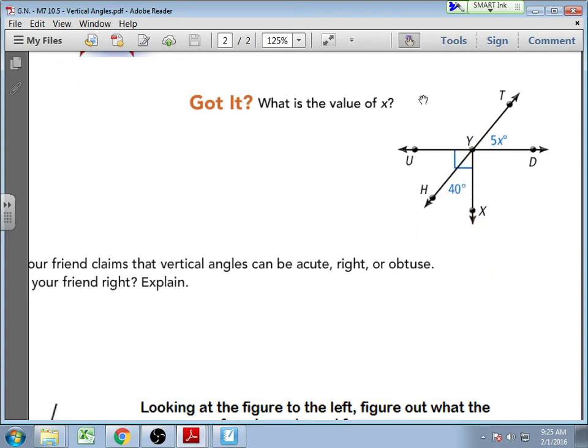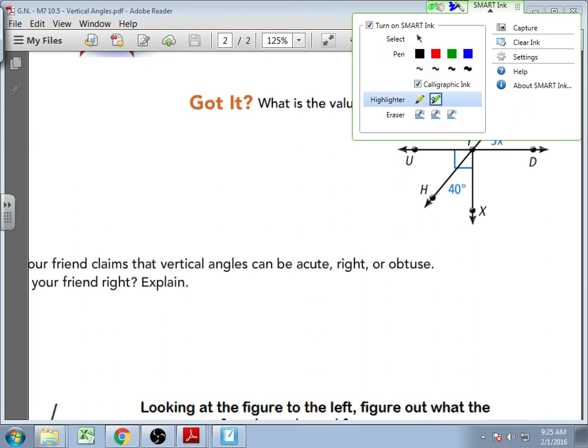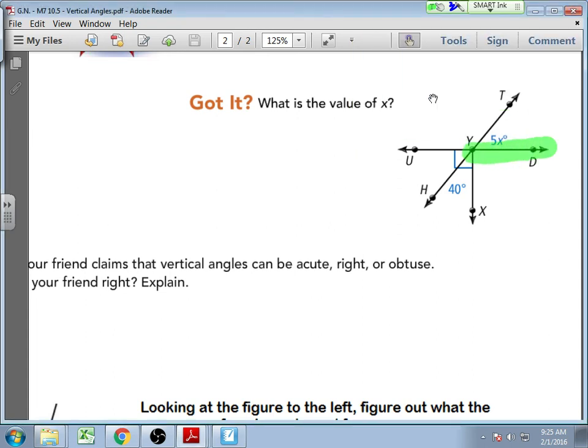Well, if we think about the sides of 5x, I've got this side right here. I can continue through the vertex. And I've got this side right here. I can continue through the vertex. So I find that this angle is actually the angle vertical to 5x. Bela, what is going to be the size of that angle that I just drew?